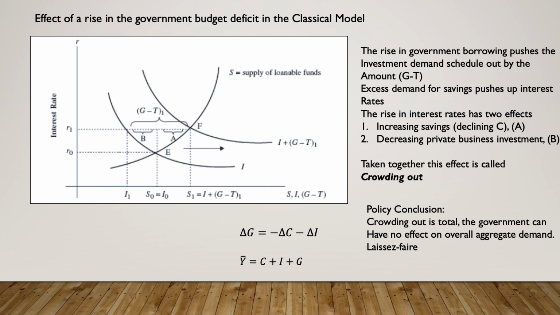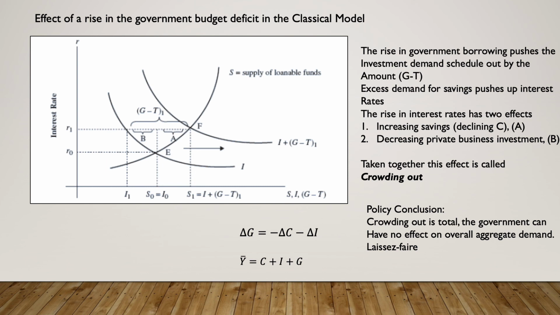This effect is called crowding out. So when we look at this, we see the increase in G is equal to the reduction in consumption and the reduction of private investment. That increase in G has crowded out private consumption and private investment. If we look at an expenditure expression for aggregate demand, which would be C plus I plus G, all of the entities that could demand goods and services, we see that G has increased by the same amount that C plus I has fallen.